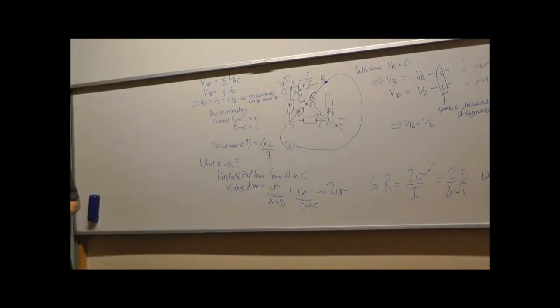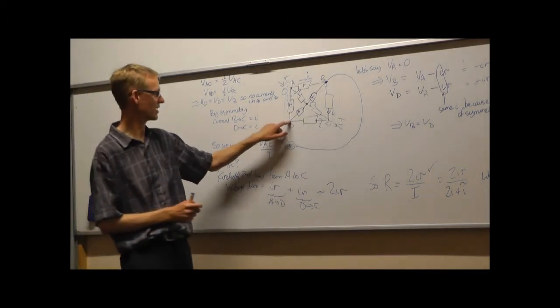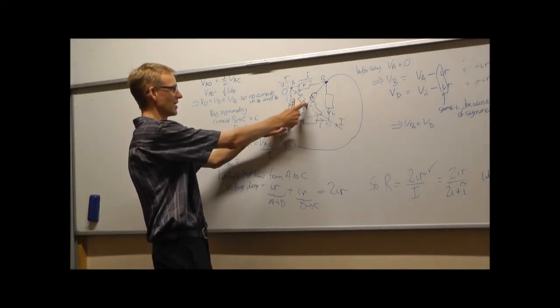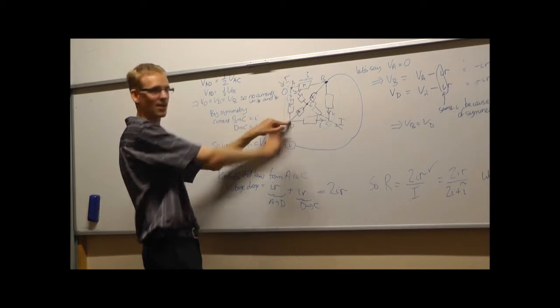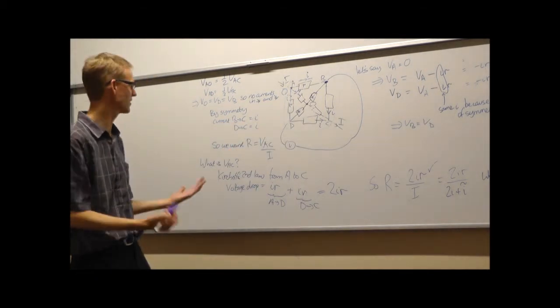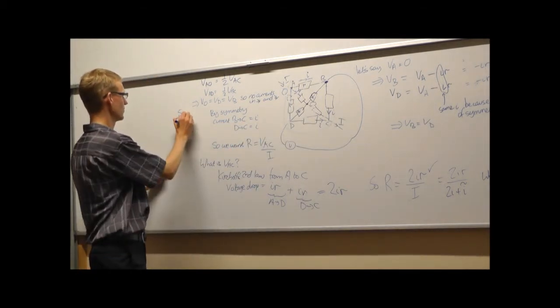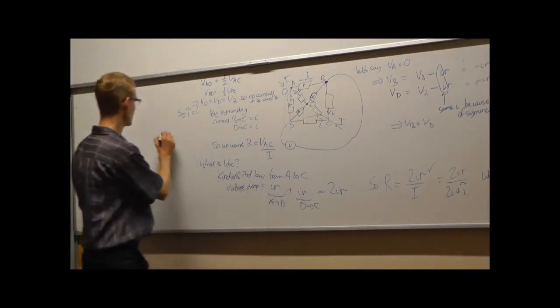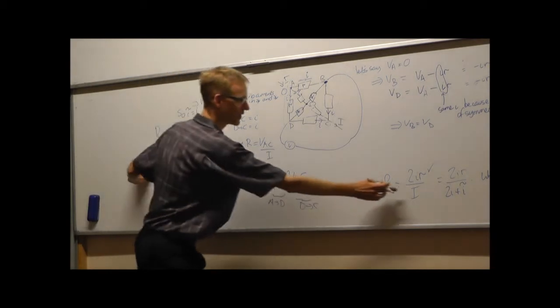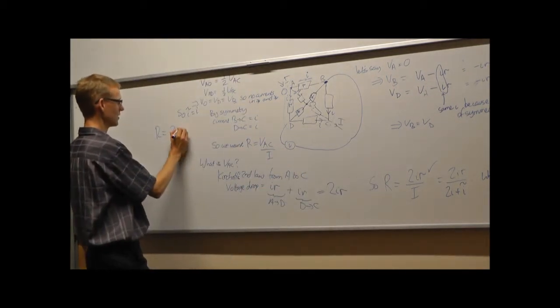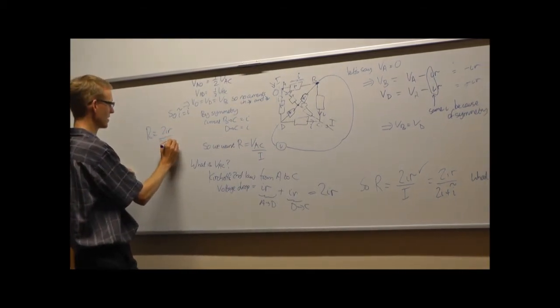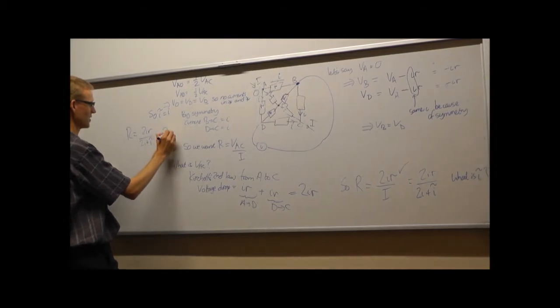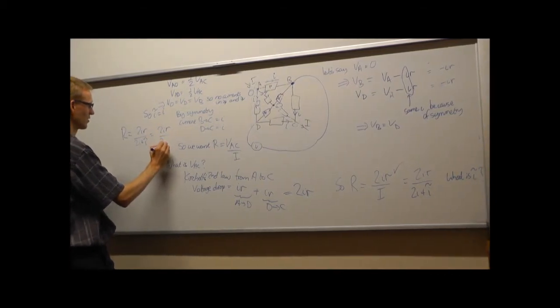Which means I tilde is also I, because the potential here is the same as the potential here. There's R there, so I tilde must be I. So I tilde equals I, and we're jumping around here, but R back from here equals 2IR over 2I plus I tilde, equals 2IR over 3I.